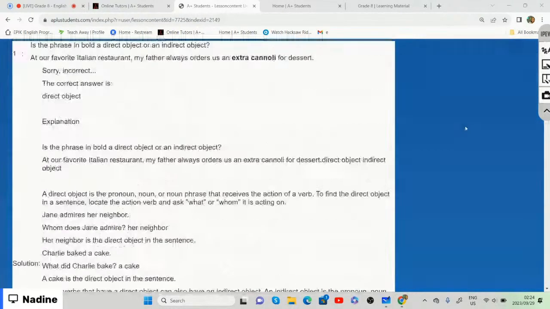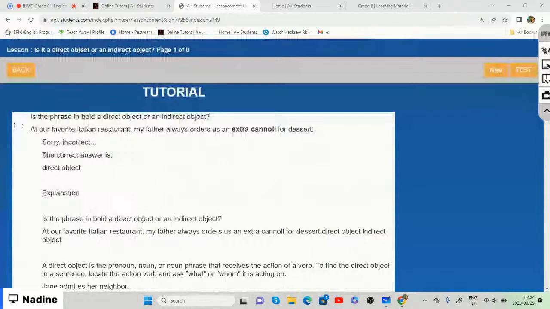All right. At our favorite Italian restaurant, my father always orders us an extra cannoli for dessert. We need to say, is the phrase in bold a direct or an indirect object?